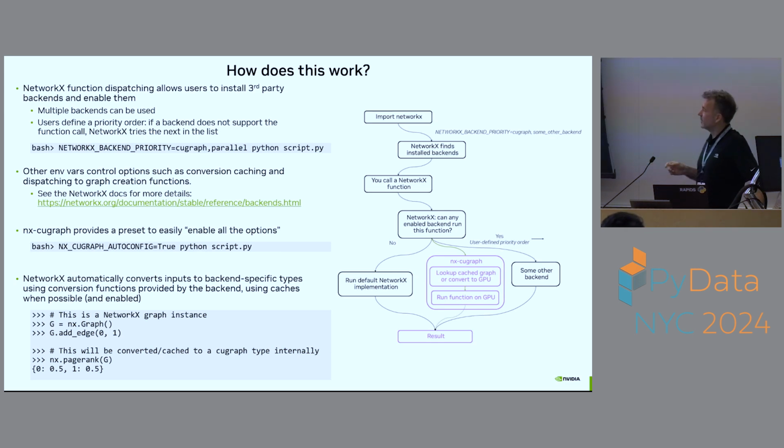You can combine all these, and each backend doesn't have to implement the full 200-ish functions that NetworkX supports. cugraph, for instance, only supports 60-ish or so. So the NetworkX dispatching mechanism will understand that, and it will fall back to the regular NetworkX default implementation if the backend isn't supported. So again, this is all seamless, zero code change. But there are other ways to call it too, which I'll talk about in a second.